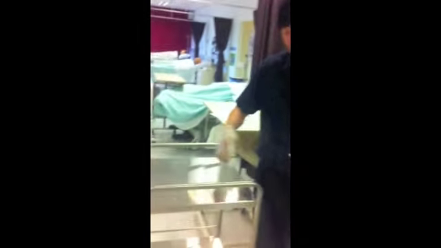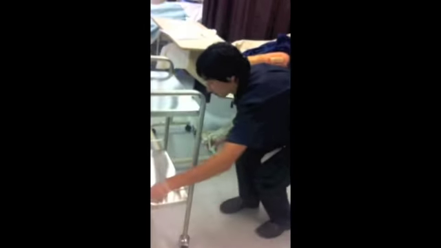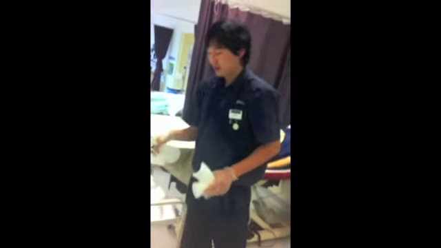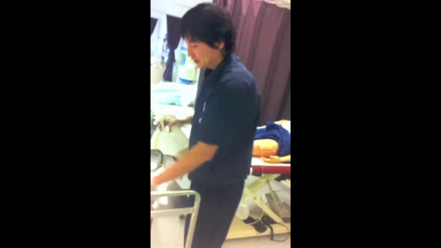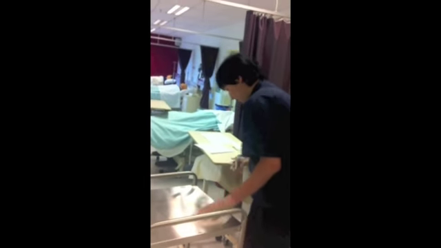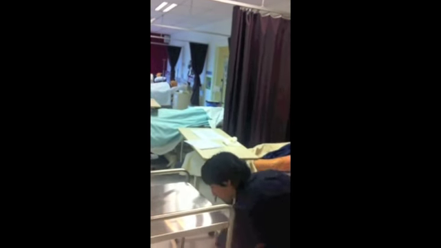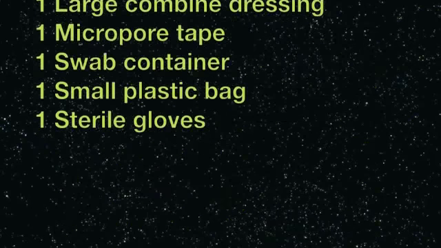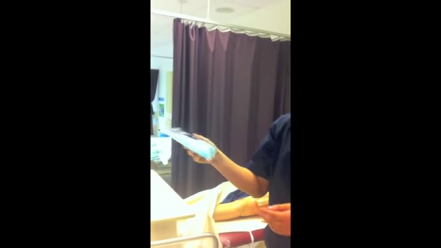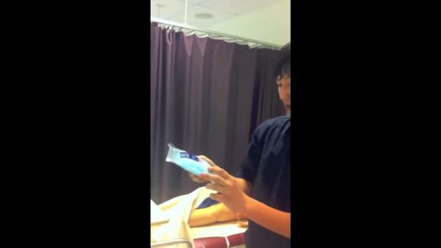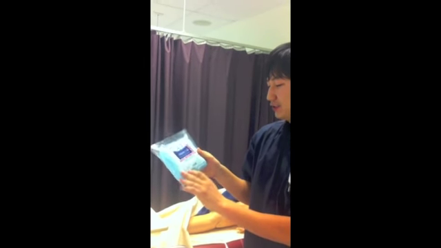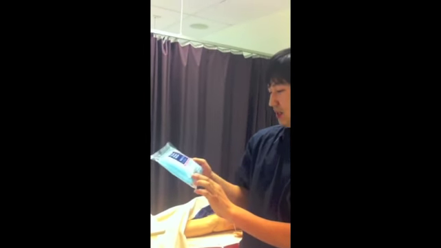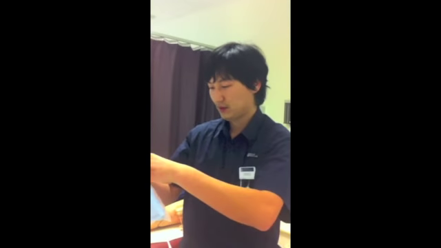Firstly, we must set up a sterile field, which includes cleaning the trolley from top to bottom and from inside to outside. Ensure hands are washed before opening the dressing pack, and also check the expiry date of the dressing pack.